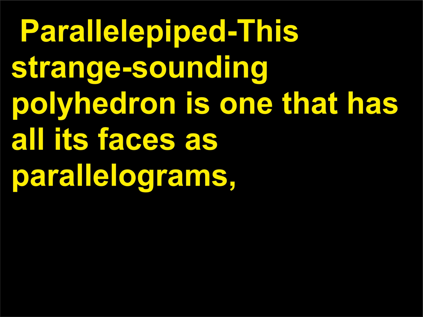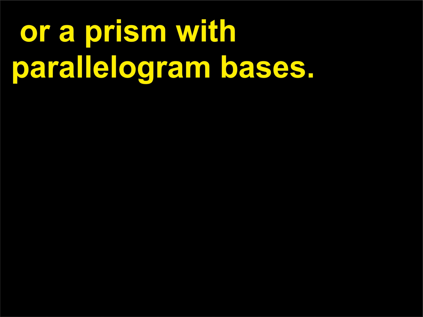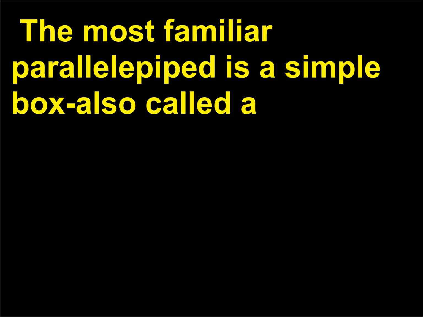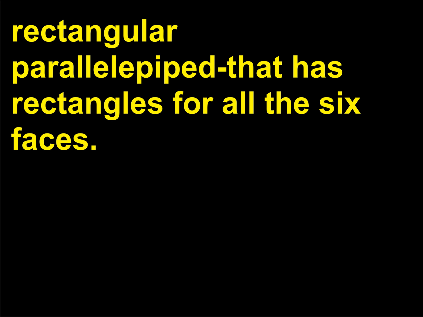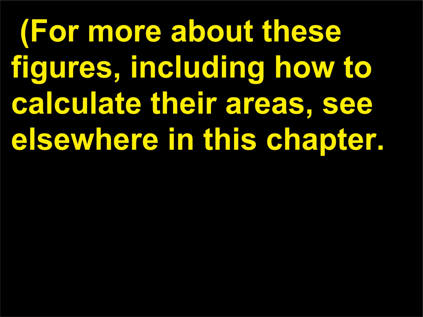This strange-sounding polyhedron is one that has all its faces as parallelograms, or a prism with parallelogram bases. The most familiar parallelepiped is a simple box, also called a rectangular parallelepiped, that has rectangles for all 6 faces. For more about these figures, including how to calculate their areas, see elsewhere in this chapter.